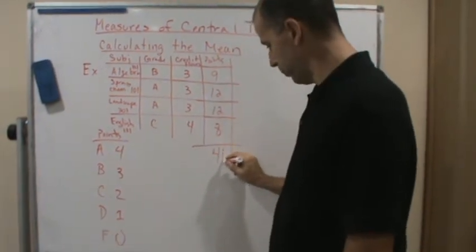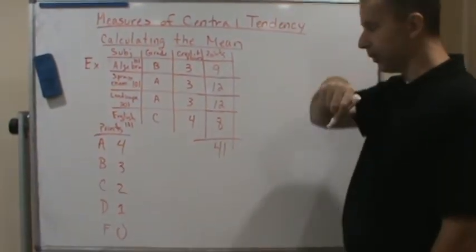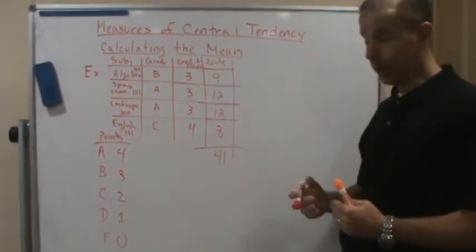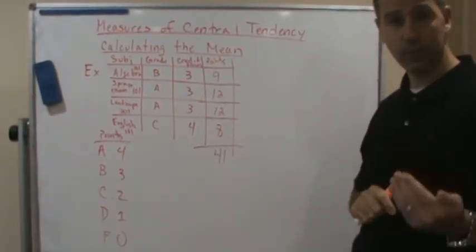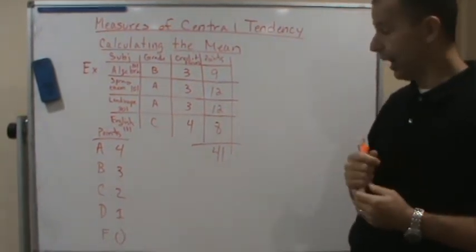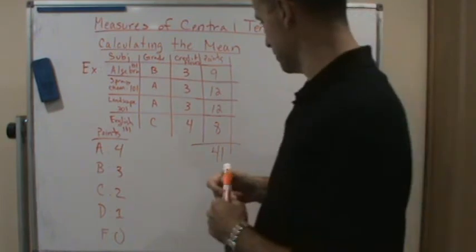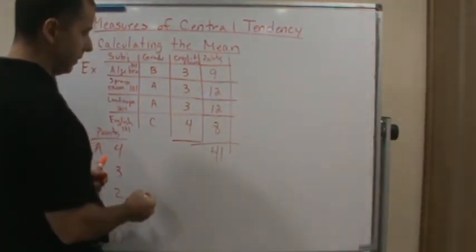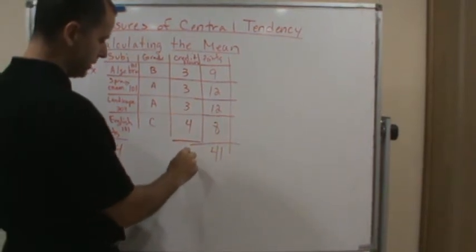So you get 41 points. Now, that's the total number of points. What do you divide by to get the average? Well, the GPA is the average points per credit hour. So what's the total number of credit hours that you took? That's the sum of this column. In this column, you got 13.